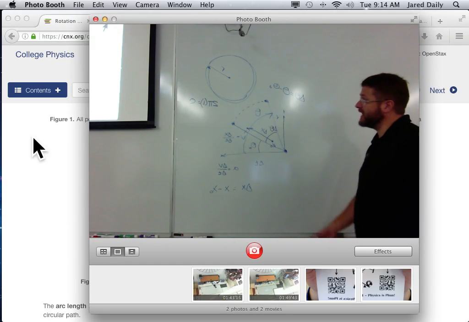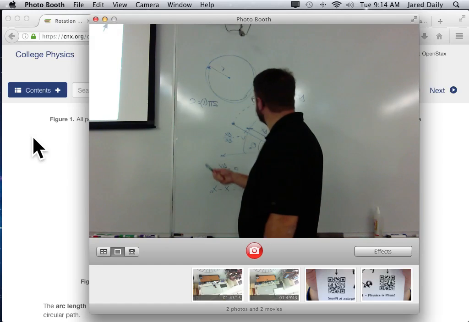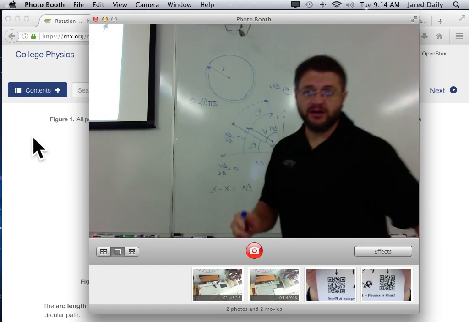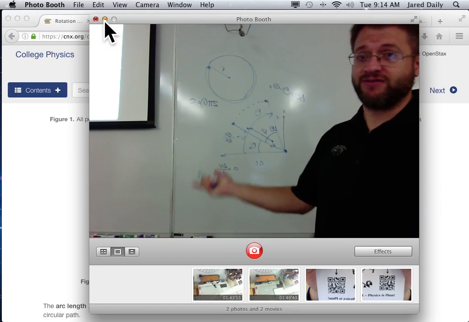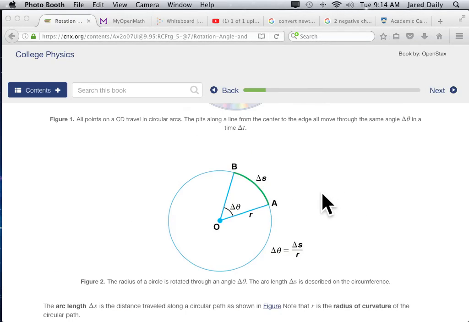And why do we like it? Because this equation that we were just talking about right here is this definition. This equation, theta angle, this is radians, equals distance around the circle divided by radius. So if you go the whole distance around the circle, what is this going to equal? This is going to equal 2 pi.